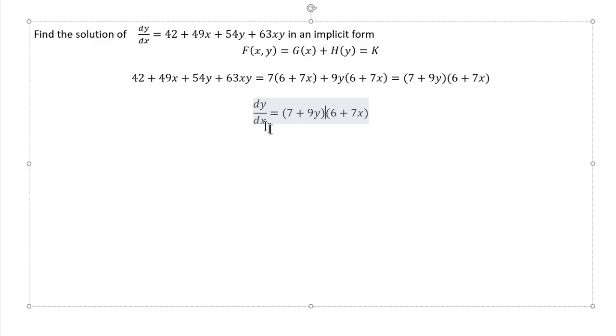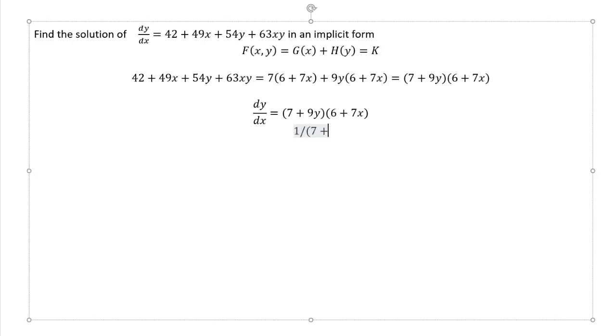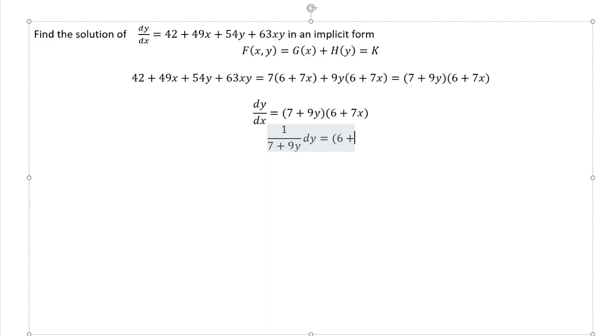And I multiply by dx to the right side, so all the x's are on one side and y's are on the other side. So here's what we have. We're going to have 1 over (7 plus 9y) dy equals (6 plus 7x) times dx.